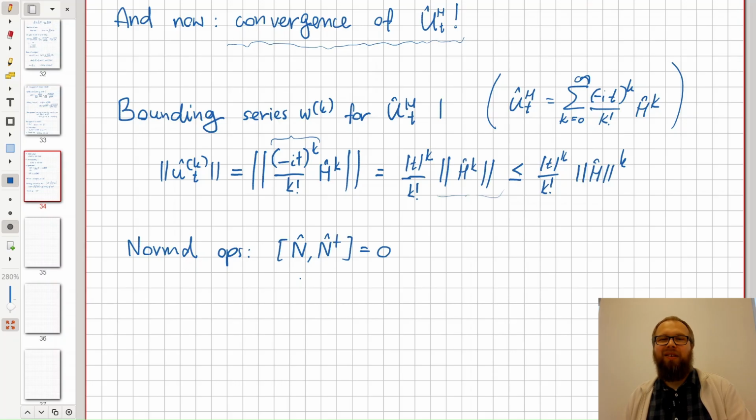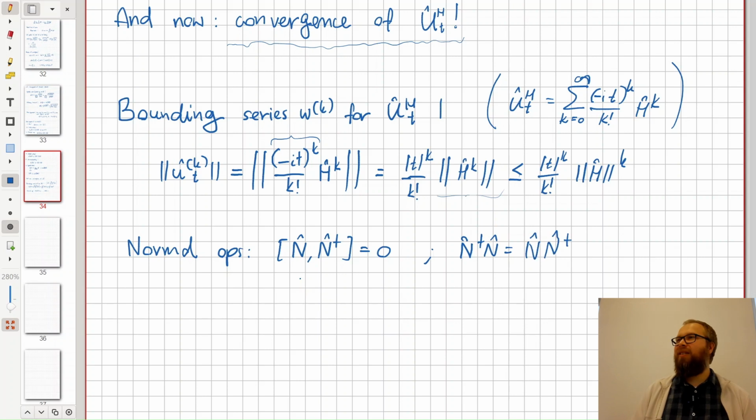Or equivalently, maybe this is the form you saw somewhere. Right, this equality holds for normal operators.